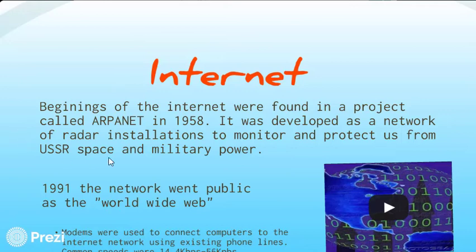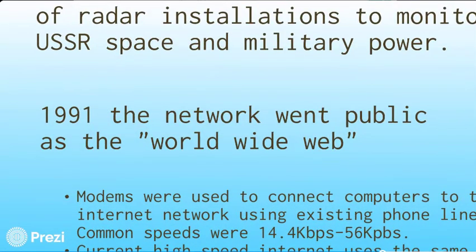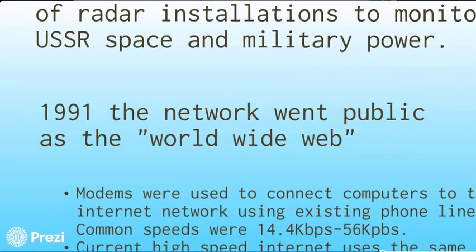So from the military ARPANET, they introduced it to the public, and that's what we have now, our internet, the World Wide Web. Thanks to ARPANET for that milestone, and also for sharing it with the public.